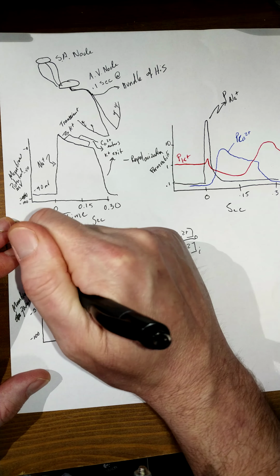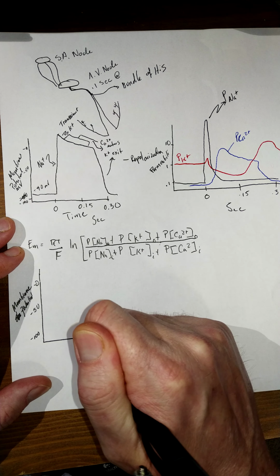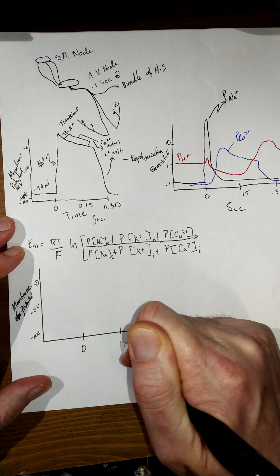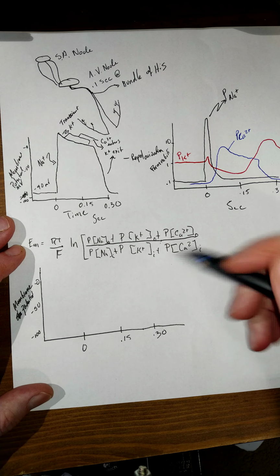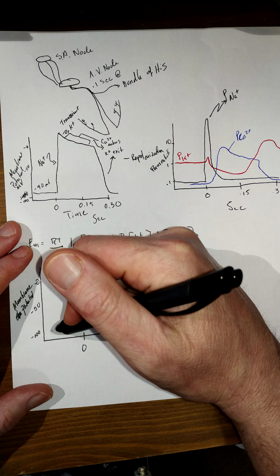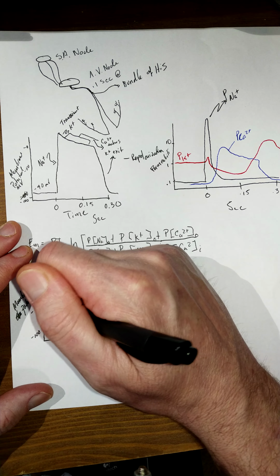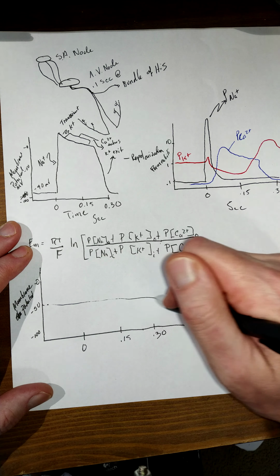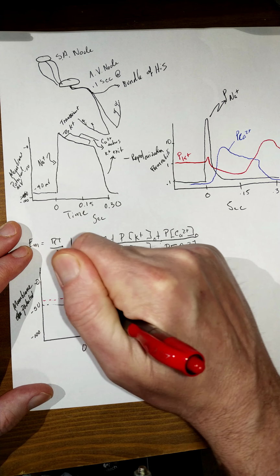So if we look at it from the same time scale as 0, 0.15, 0.3, our cell looks a little bit like this. So I'm just going to draw a line at minus 50, and then we have a threshold around here.